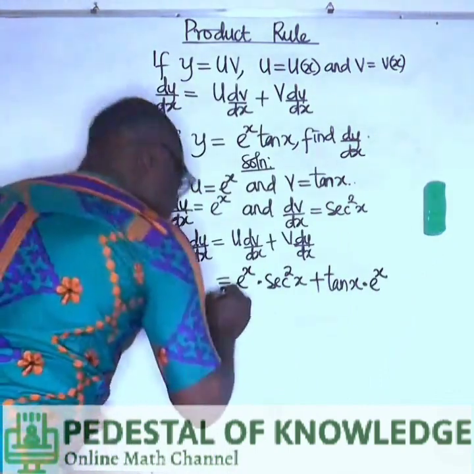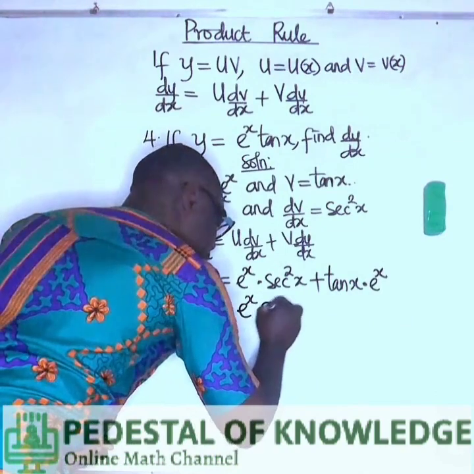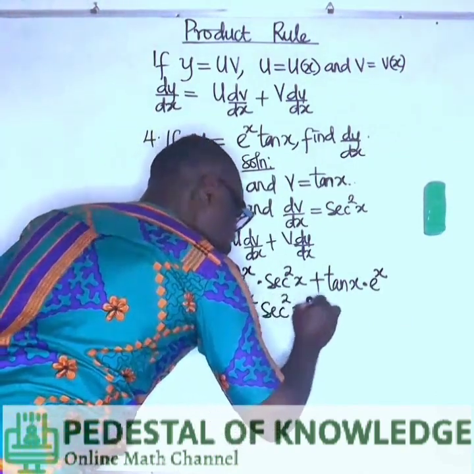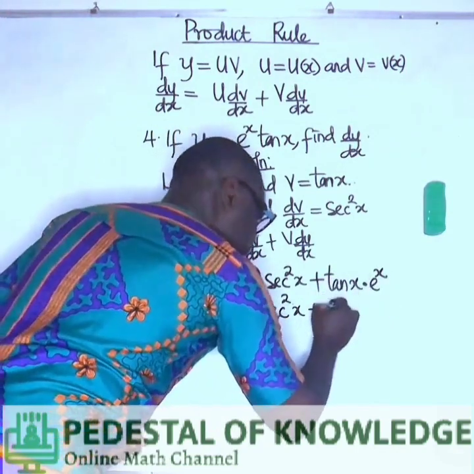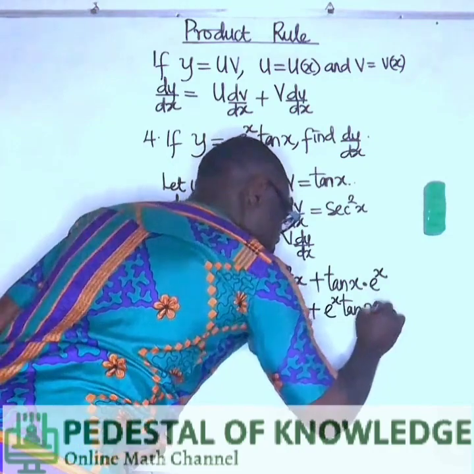All right, so this is equal to e to the power x sec squared x plus, when this one multiplies, e to the power x tan x.